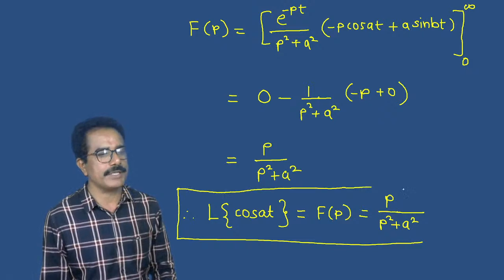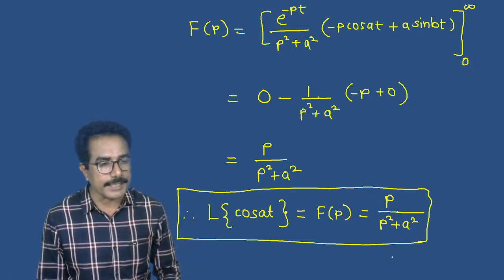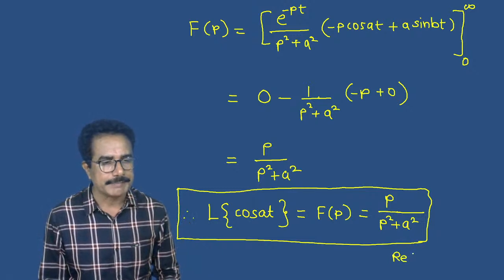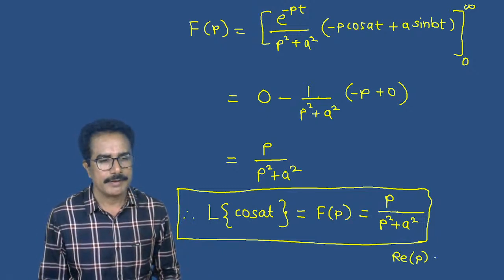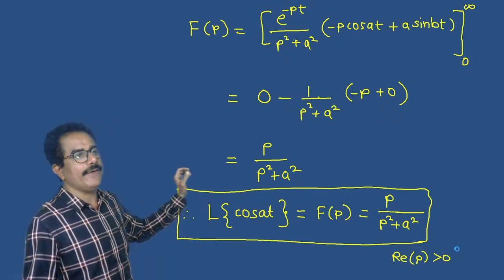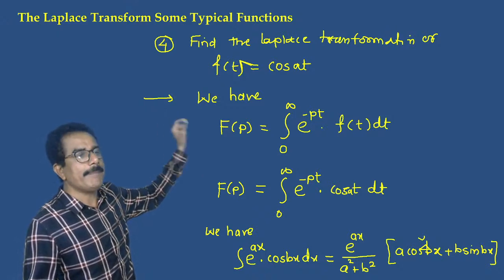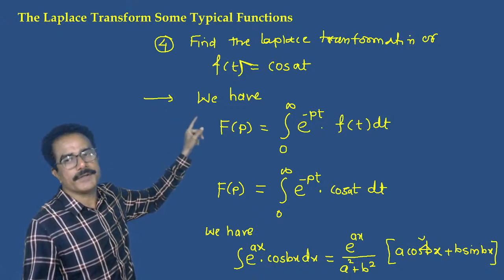This is a typical type of function. Again here the real part of p must be greater than 0. So thus we can find the Laplace transformation of this typical function.